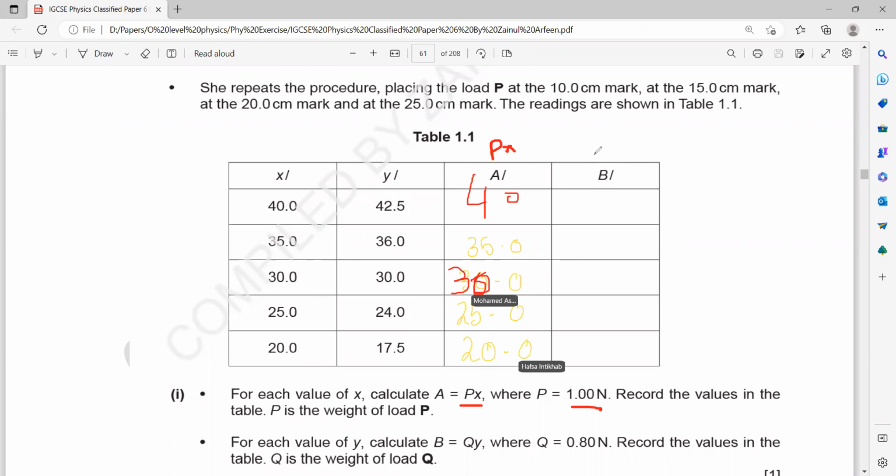And for the value of B, B is equal to Q into Y. What is the value of Q? Q is not equal to 1, Q is 0.8. So 0.8 multiplied by Y. So 0.8 multiplied by 42.5. What's the answer? 34.0. Then same thing, 0.8 times 36.